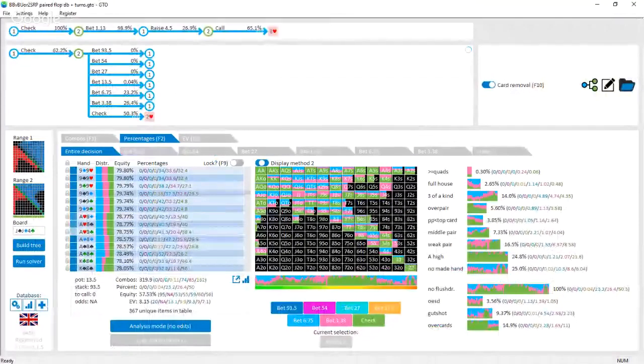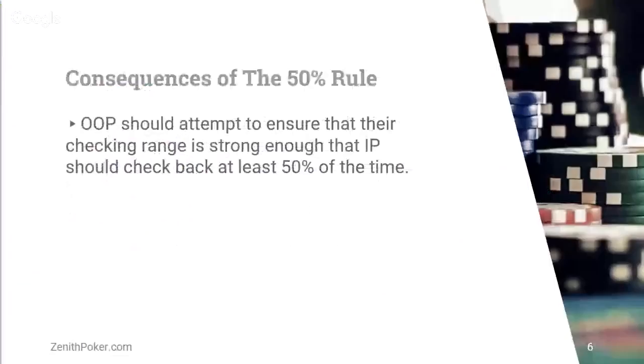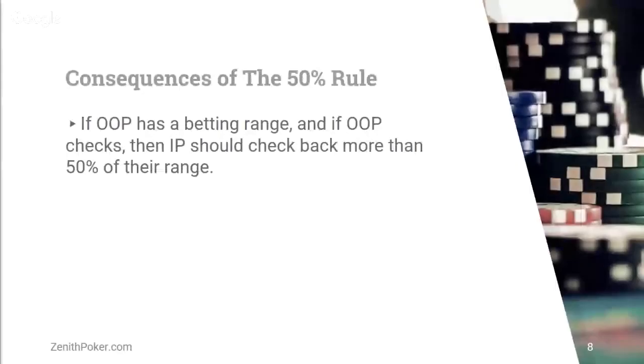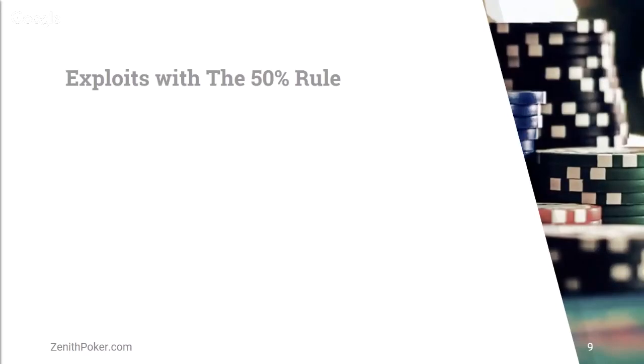All right. So yeah, you guys wanted to talk a bit about exploits. So let's have a look. With what we've just talked about, what exploits do you think you can come up with using the 50% rule? So one we talked about was if your opponent bets too often when you check, right?